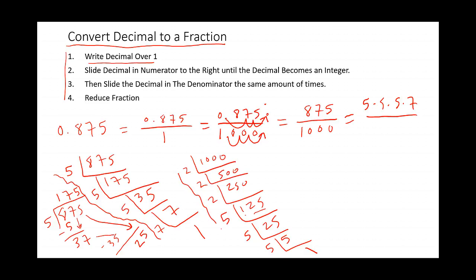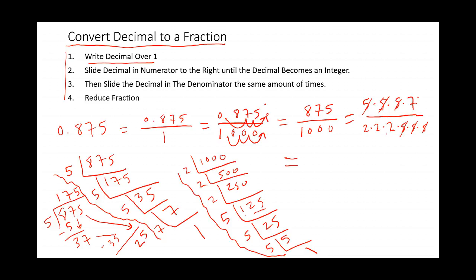So there's all of the prime factors, not including 1. So I list them 2 times 2 times 2 times 5 times 5 times 5. And I'm going to cross out any factors that are in the top and bottom. So look, 1, 2, 3. 1, 2, 3. And look at that. I'm left with just one single prime factor in the top.